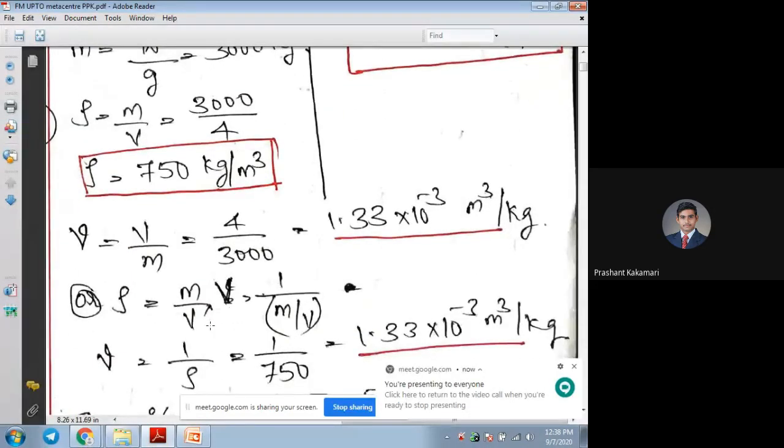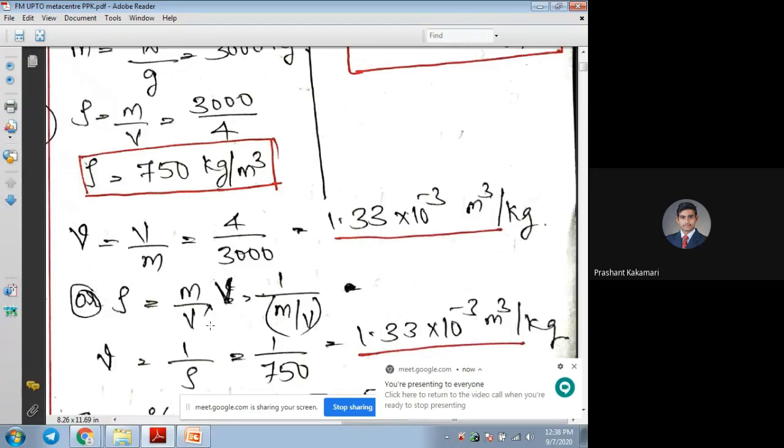The next part is they're asking for specific volume. Specific volume we have discussed: volume of the given fluid to the mass, or it is nothing but the reciprocal of mass density. Mass by volume, what you have taken, that reciprocal you have to take.